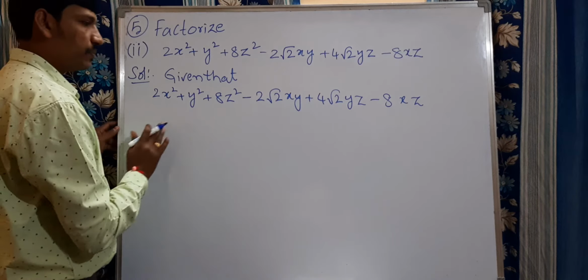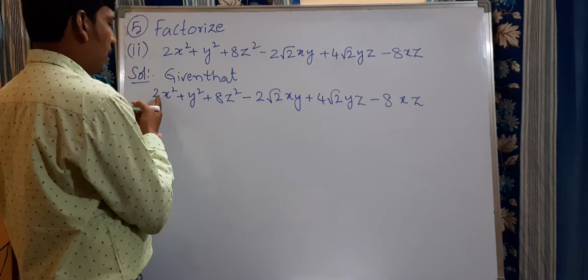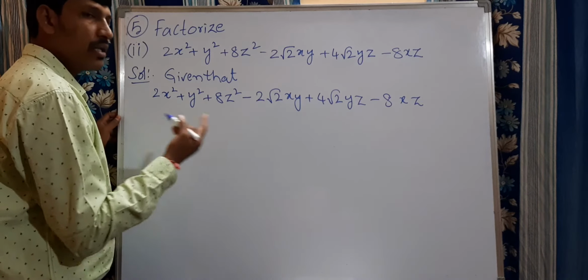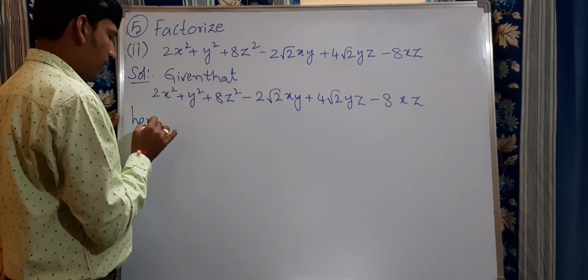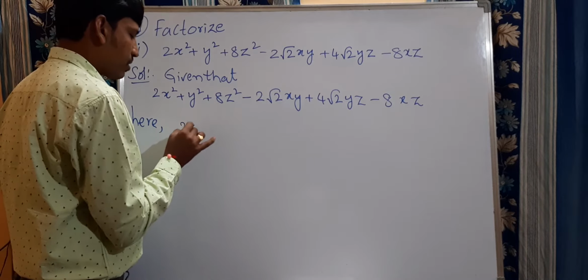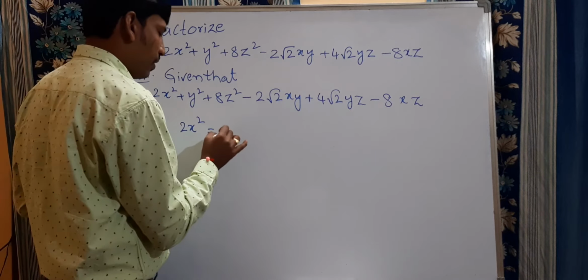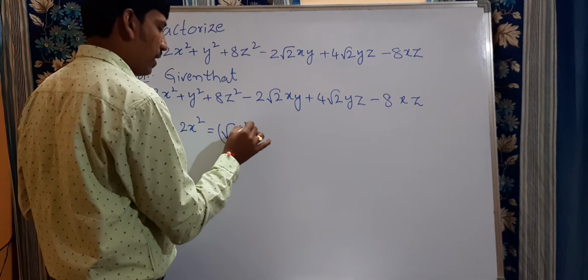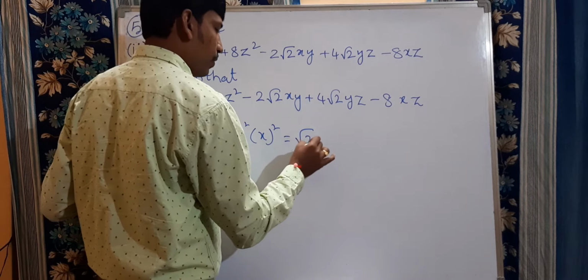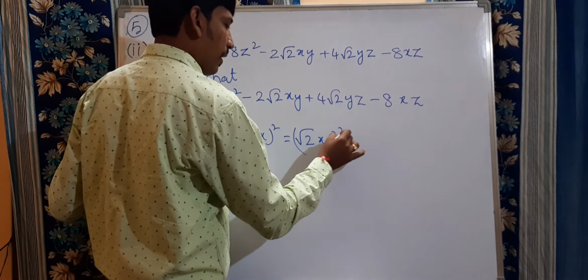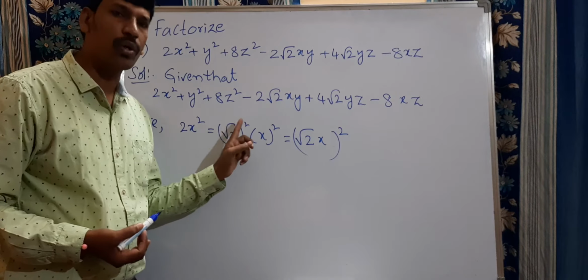Now see this here. I am going to write these terms simplified. Here, see 2x square. This 2x square I am going to write as square root of 2 whole square into x square, which is nothing but root 2 into x whole square. See this here, 2 can be written as root 2 whole square.